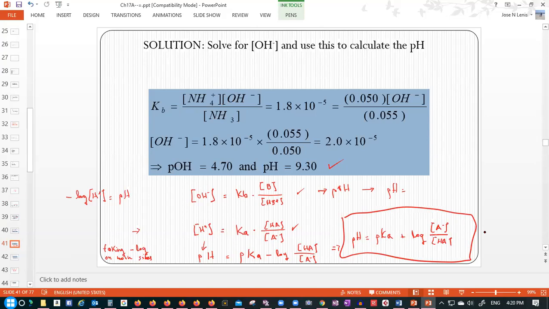Also, an interesting application of this: it helps in many ways to prepare buffer solutions. One, it helps you choose the right acid to prepare a solution with the buffer you want. For any buffer, we always want this ratio close to 1.